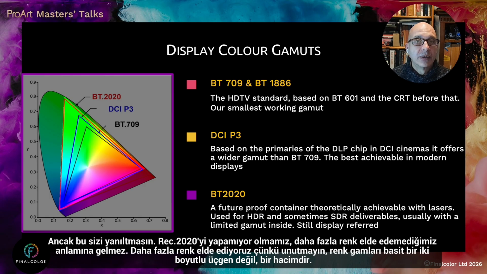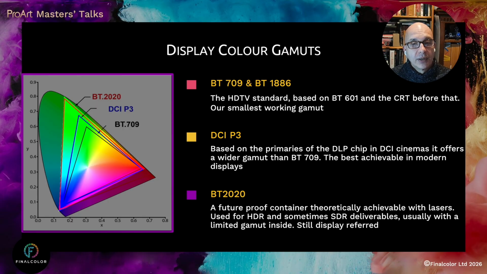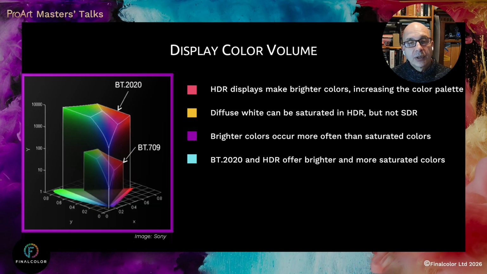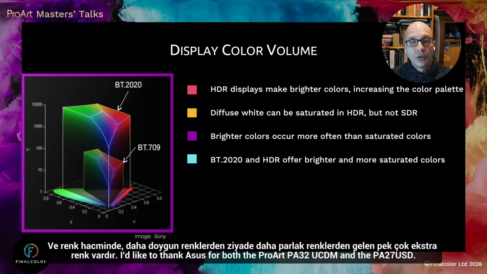But don't be misled by that. That doesn't mean that just because we can't do 2020 that we don't get more colors. We do get more colors because, remember, color gamuts are a volume, not simply a 2-dimensional triangle. And in the color volume, there's a lot of extra colors that come from brighter colors rather than more saturated colors.